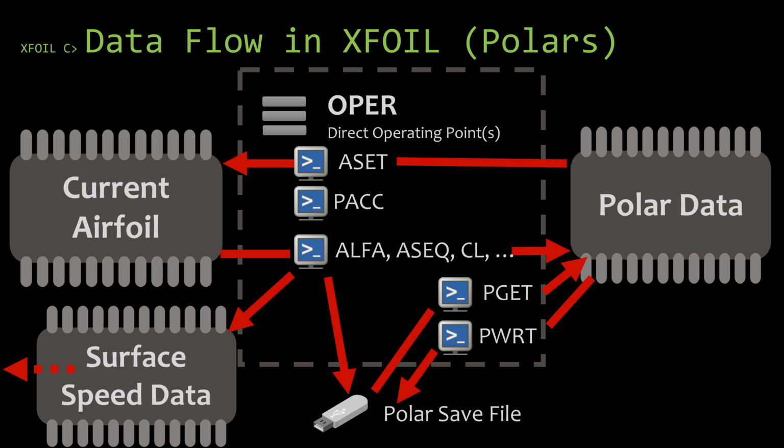We talked about that on the last slide, where you should have used either the load command to load an airfoil shape into Xfoil from an airfoil coordinate file, or the NACA command if you're wanting to use some of the built-in airfoils. So at this point there should already be an airfoil in the current airfoil memory.